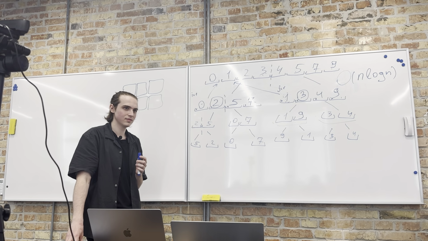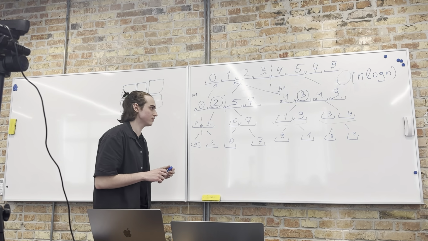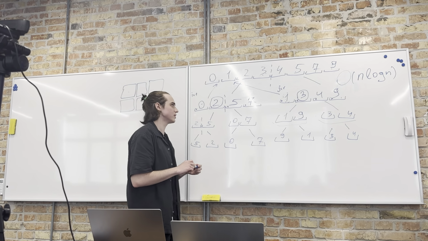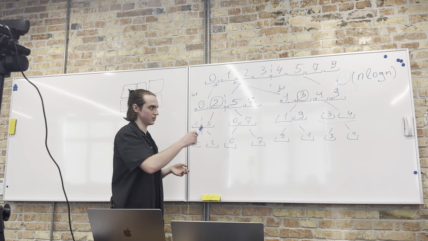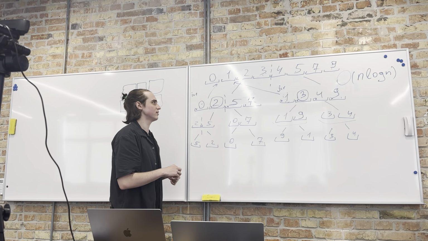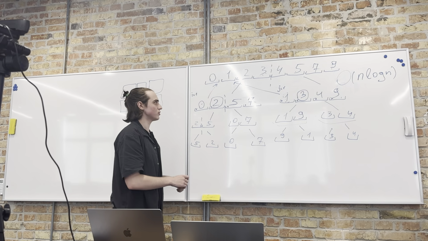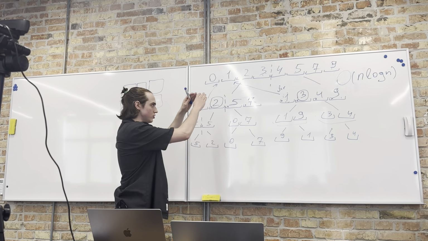Yeah, you're right. It's from binary search, where the time complexity is log n. It's pretty similar because like in binary search, you're dividing in half.